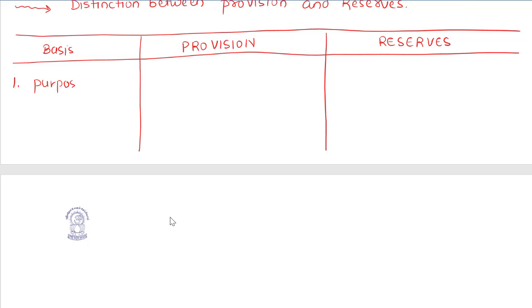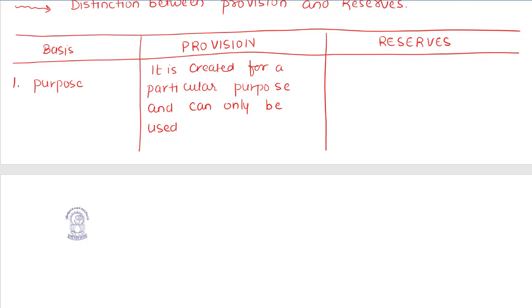First is purpose. Provision is created for a particular purpose and can only be used for that particular purpose.